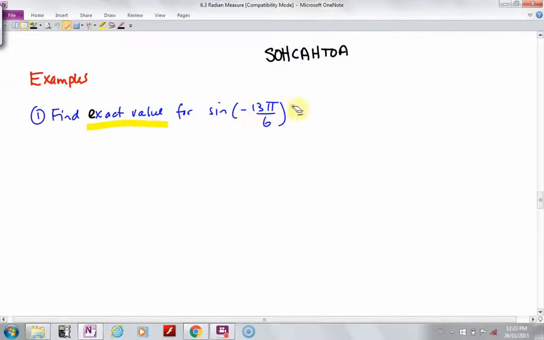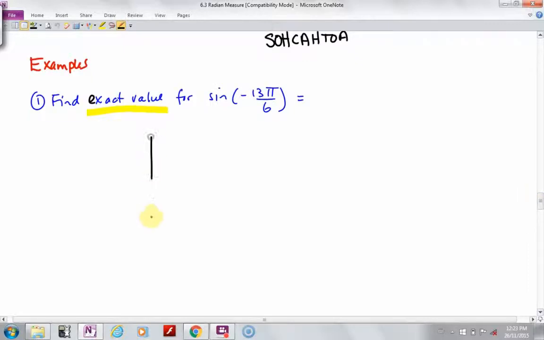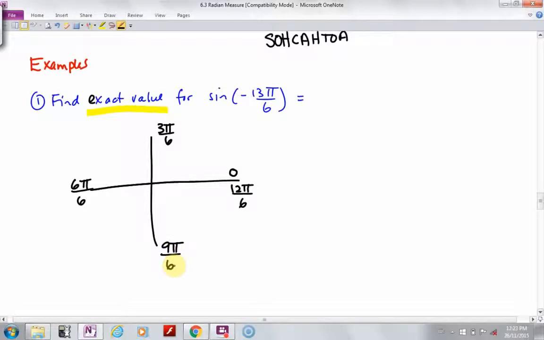First job, find the quadrant. Which quadrant is negative 13 pi by 6? So we think about our quadrants. We label quadrant 4. We've got 0, we've got 3 pi by 6, we have 6 pi by 6, we have 12 pi by 6, down here we have 9 pi by 6, so it's the same as the last example.